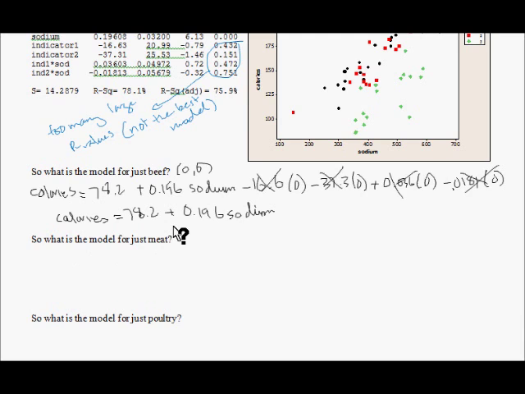So for meat, we know the indicators are 1, 0, in that particular order. So if we use the model, calories is equal to 78.2 plus 0.196 times the sodium. That's the first part.